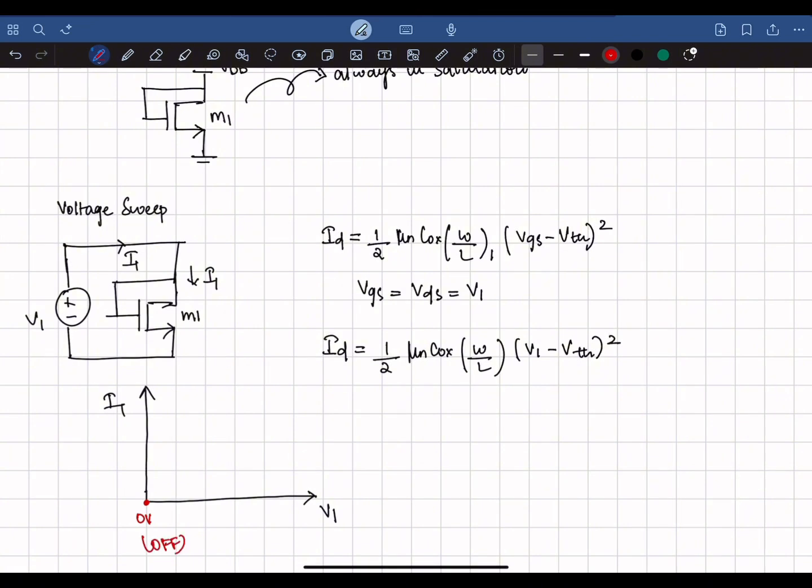And it remains off until VDS is equal to VGS minus VTH. So this is the point where it happens. Once it passes this point, it performs according to the equation that we have derived here. So this is a quadratic equation, so the characteristic will be something like this.